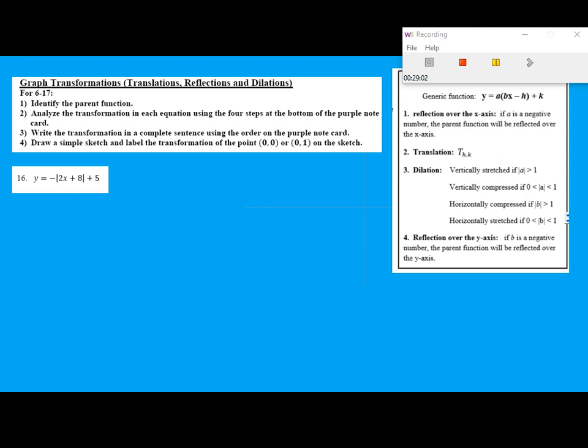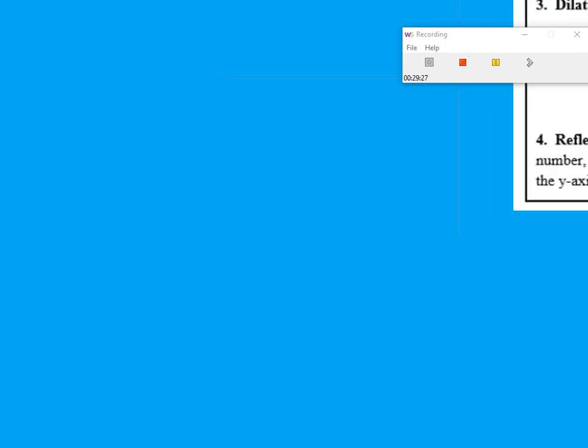You know, now that I say that, let's talk about number 16 real fast. Because when you just look at that, you'd like to say it's been translated 8 units to the left, but that's going to be wrong. What I need to do on number 16 is I've got that negative. To get your translation, your vertical shift, your horizontal shift, I need to make whatever's inside my grouping symbol say x plus or minus.